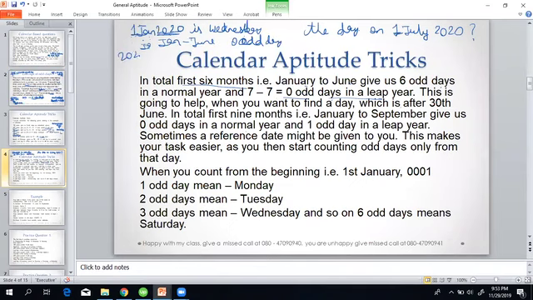As 2020 is a leap year, because it is divisible by 4 but not 100, from January to June it gives 0 odd days. After June, there will be 1st July. So 1st July is complete weeks after Wednesday, so it gives the next day after Wednesday, that will be Thursday.